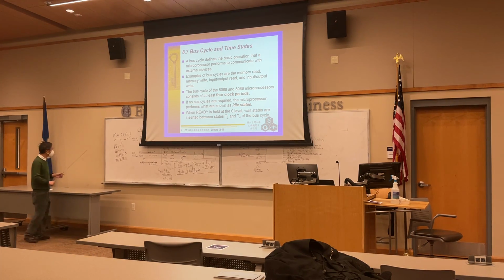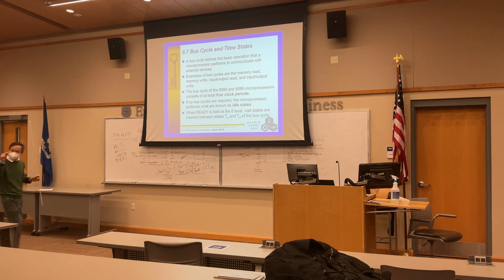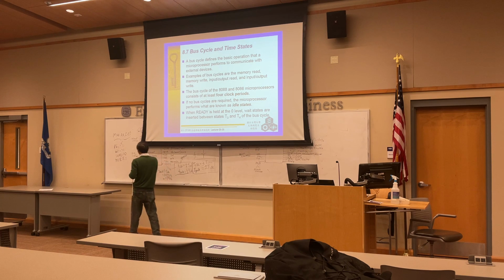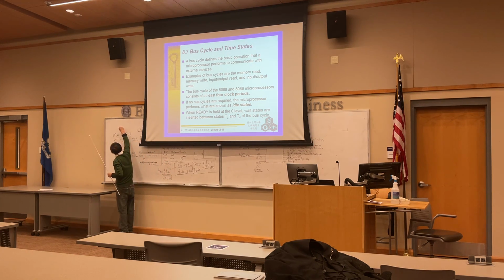So how? First, understand what we are doing. This instruction, we are reading data from memory into the microprocessor. If we understand this, then we can set those values. This is a memory read operation.